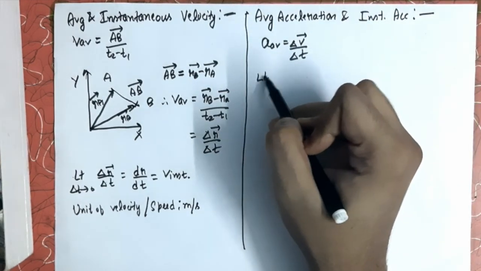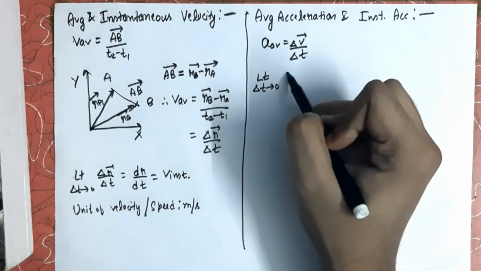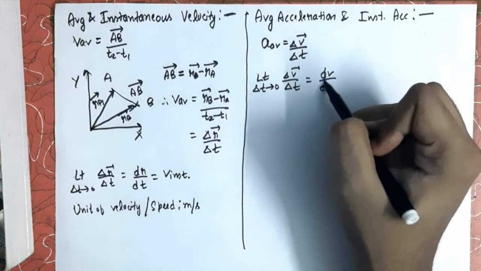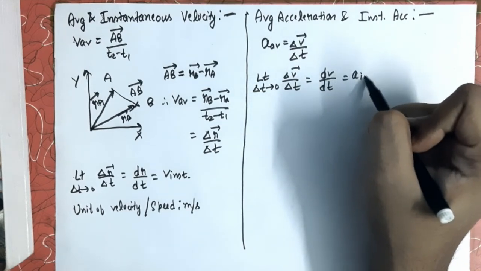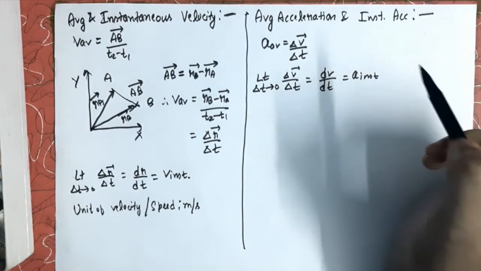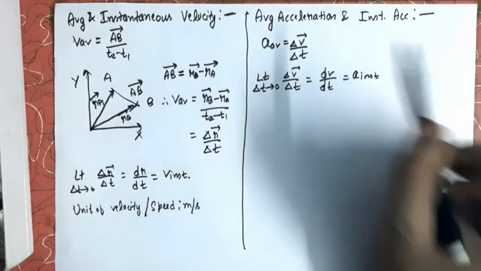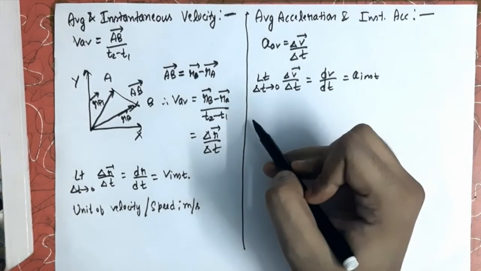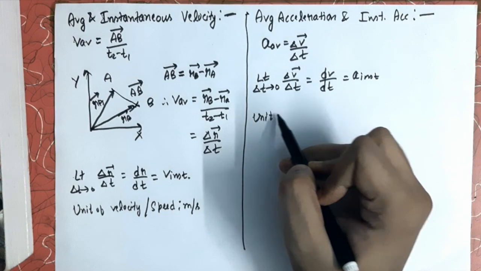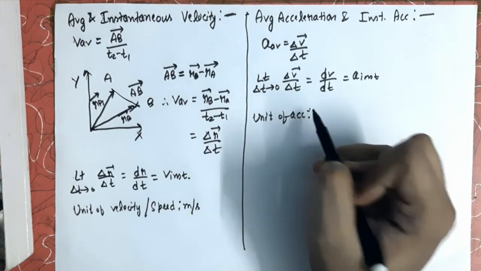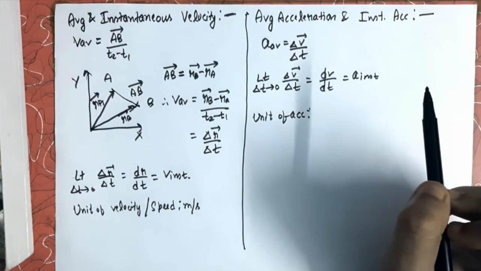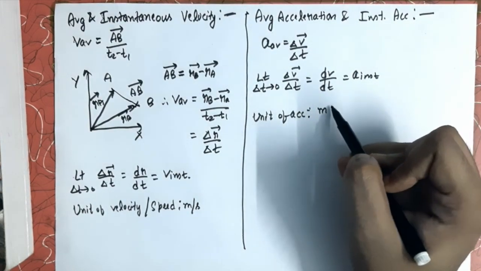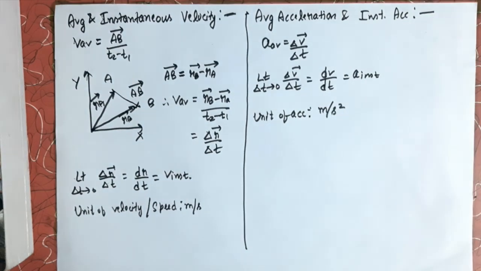If we put the limit delta T tends to 0 in this, this will give you dv by dt, and this is a instantaneous. So acceleration is what? Change in velocity per change in time. What is the unit of acceleration? Acceleration is velocity per second. Velocity is meters per second, so the unit of acceleration will be meters per second square.